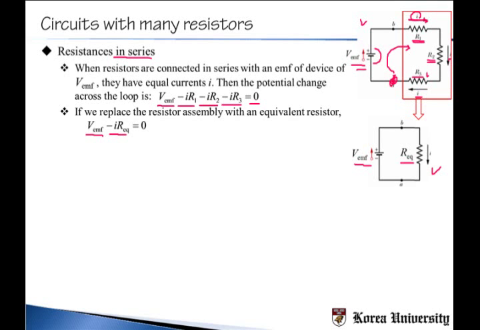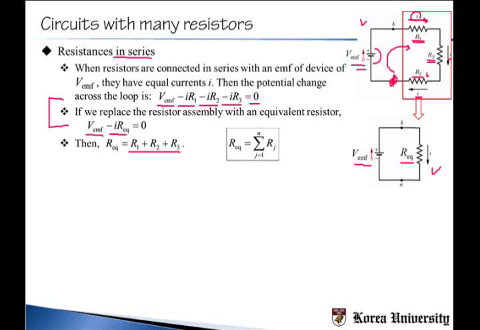So using these two equations, you can finally figure out that this REQ is in fact equal to R1 plus R2 plus R3, meaning that when the resistors are connected in series, their equivalent resistance is a simple summation of all the resistors, okay?